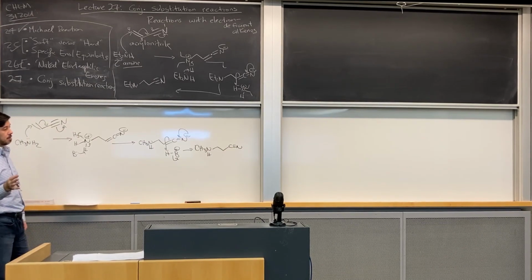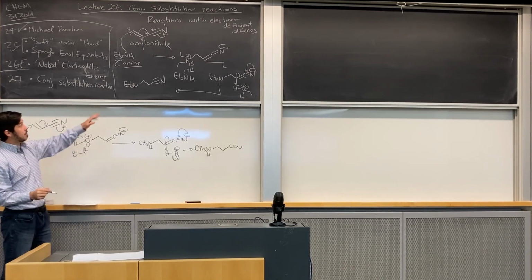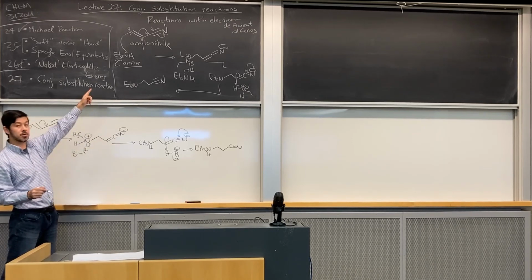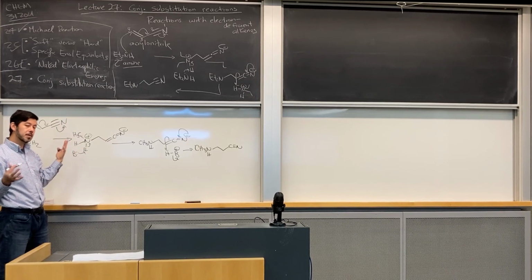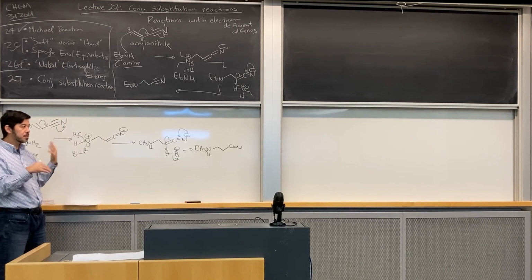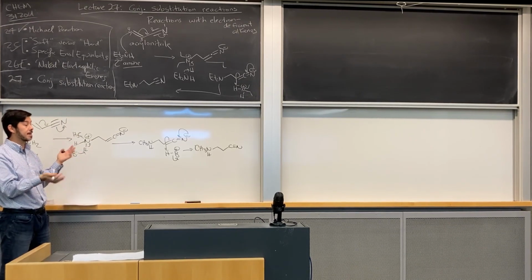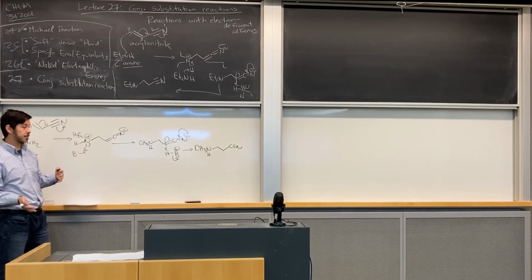But what do you think? Do you think it's going to stop there? Or do you think this compound could continue to react? We've gone from a primary amine to a secondary amine, right? Which is similar to this one. So another molecule of acrylonitrile, which is very electrophilic, will react. So it's one of those types of reactions where you can't stop it, even if you try to control the stoichiometry.